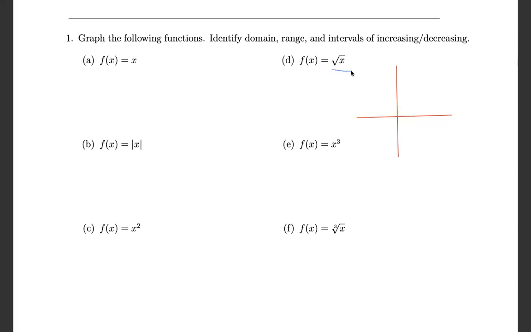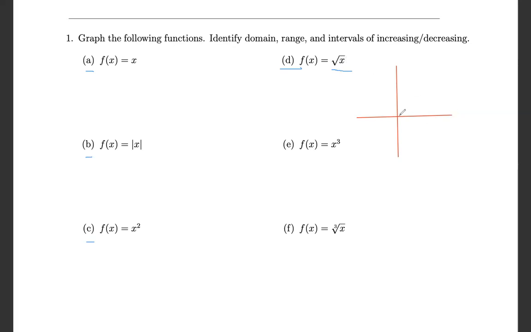The domain for this one is different from A, B, C. If we go back to A, B, and C, we see the domain of the function, which means the suitable x values, can be all real numbers. But not for this one, not for D. D is under a square root sign, so it has to be non-negative. So the range starts with 0, and the domain also starts at 0.